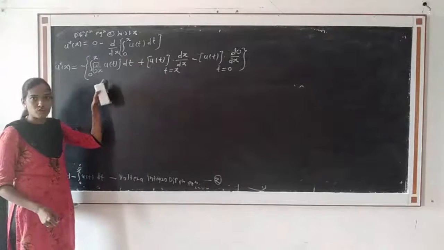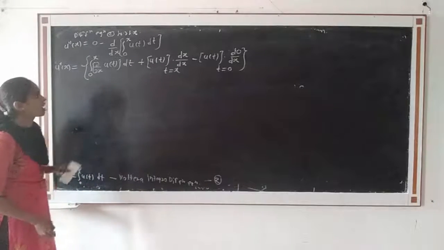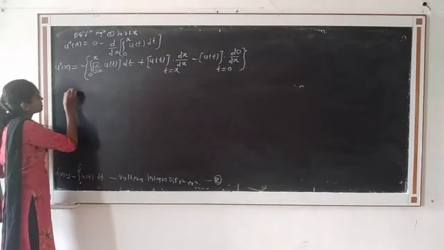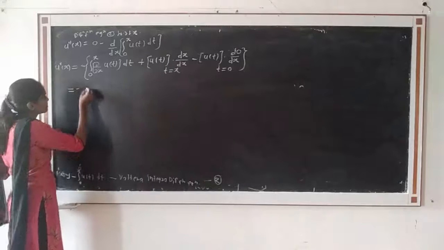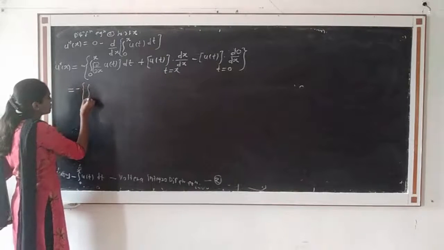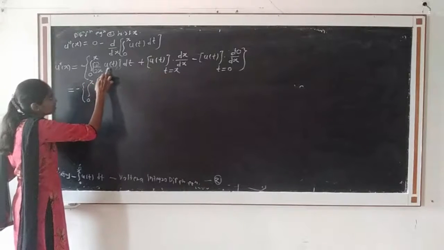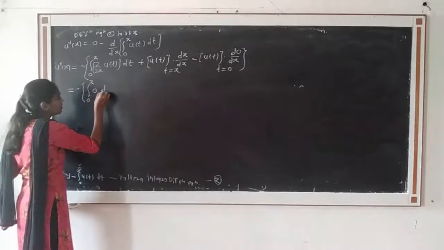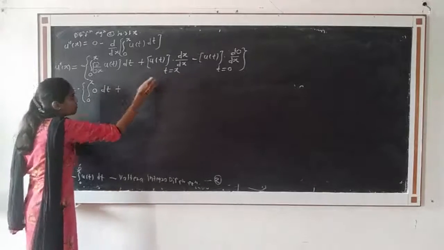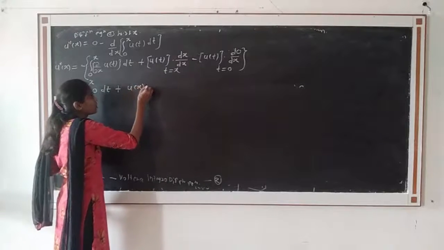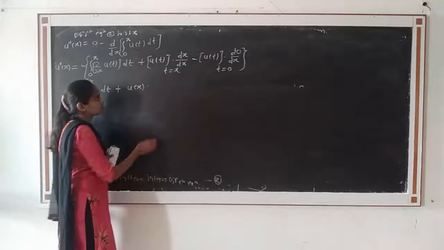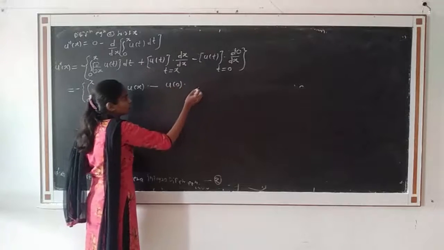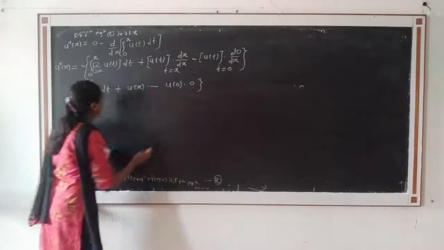Always use more brackets for simplifying the calculation. That is equal to minus curly bracket, integration from 0 to x. Here u of t is a constant with respect to x, therefore the derivative is 0, into dt, plus if we put t is equal to x we get u of x and the derivative of x with respect to x is 1, minus u of 0, derivative of 0 with respect to x is 0, curly bracket complete.